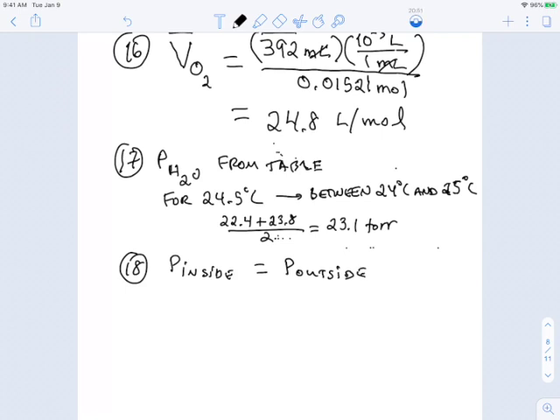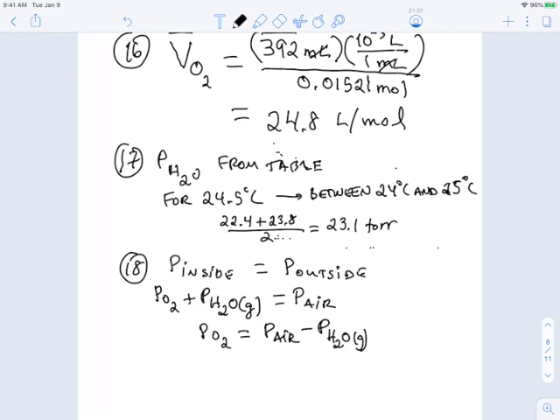But inside the flask, we had oxygen, and we also had water vapor, because anytime you give a liquid space above its surface, some of its molecules are going to vaporize. We'll study that phenomenon later in the semester. The pressure on the outside is the pressure of the air. So if I want to find the partial pressure of oxygen, I need to subtract the pressure of the vapor of water from the pressure of the air.